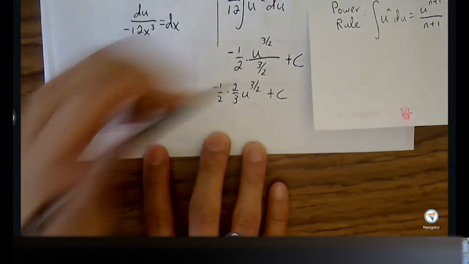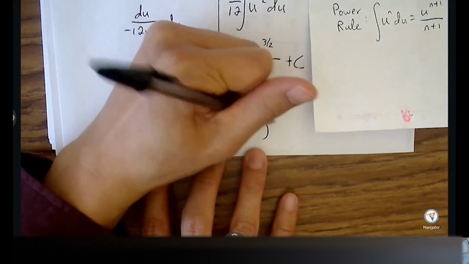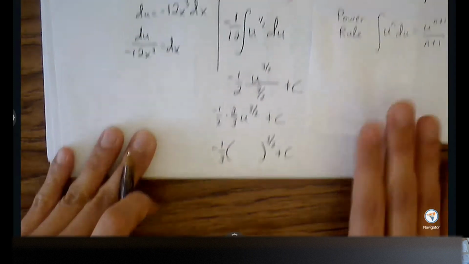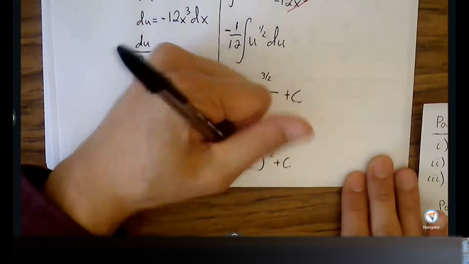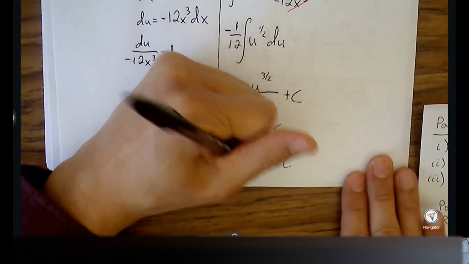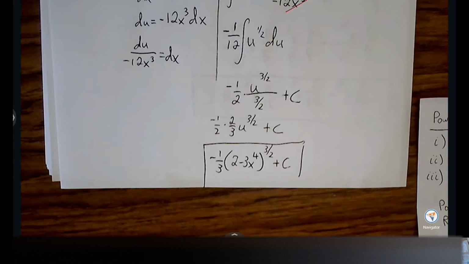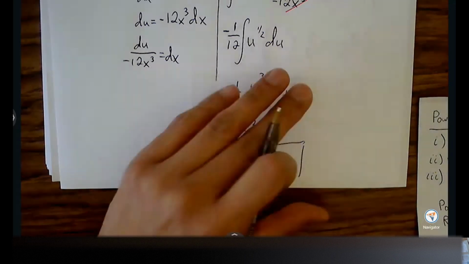The 2's cancel out. We're left with negative 1/3. And then what do we do with the u? In terms of x, right? Okay.